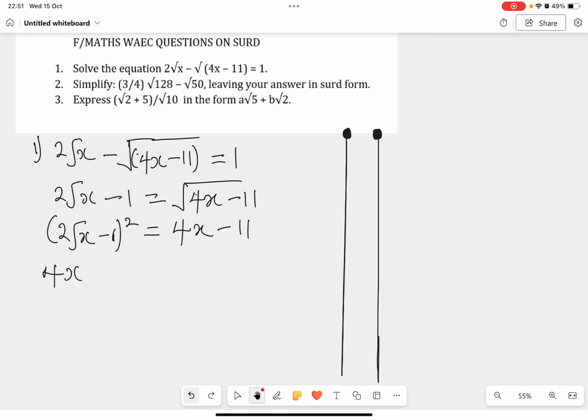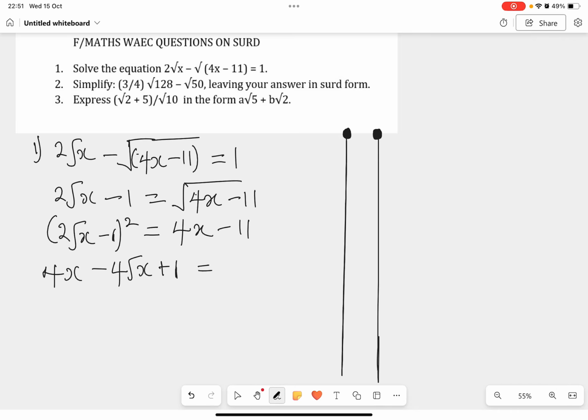When I multiply, I'm going to get minus 4 root x. Then the last step, the second term all squared, will give me plus 1.